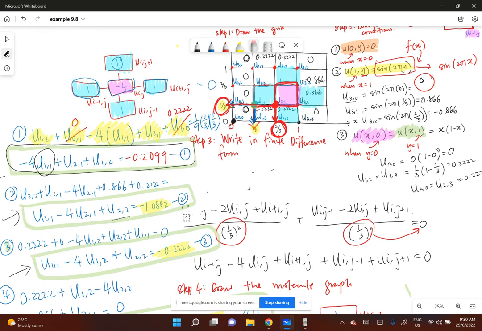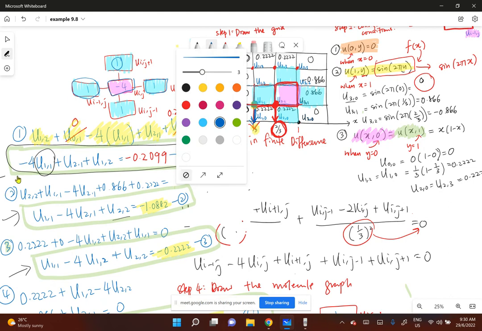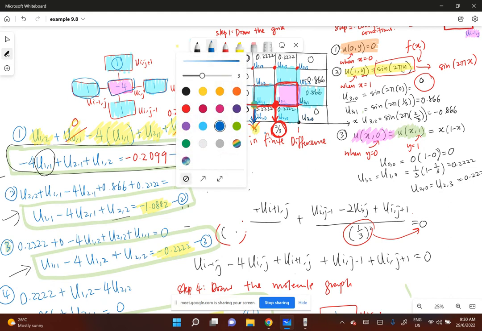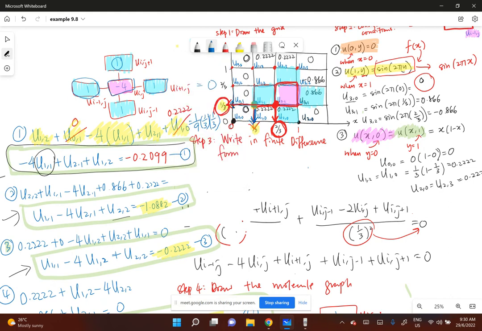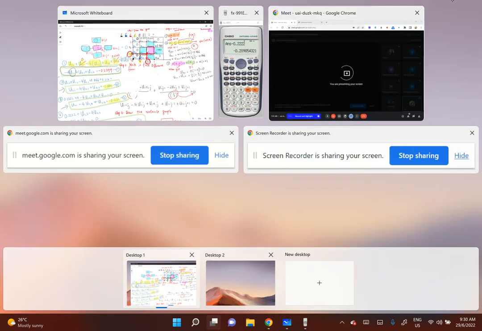Now, let's say this one will be equal to... So the left side is similar. Okay, you see this one, this one is U. Okay, now the second one is, sorry.